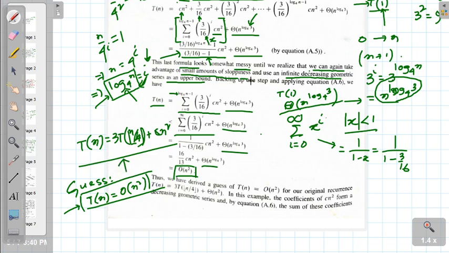There is a technique with which the recursion tree can also be utilized to get the exact solution, but here we are utilizing the power of the recursion tree to guess a solution for the substitution method. So we have derived a guess of Tn equals order of n square for our original recurrence.